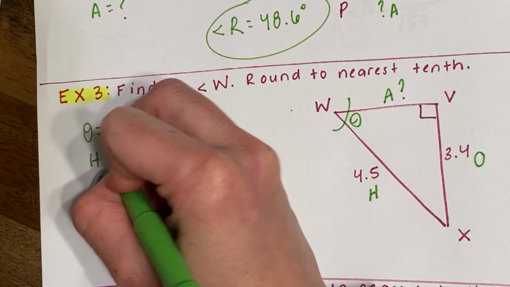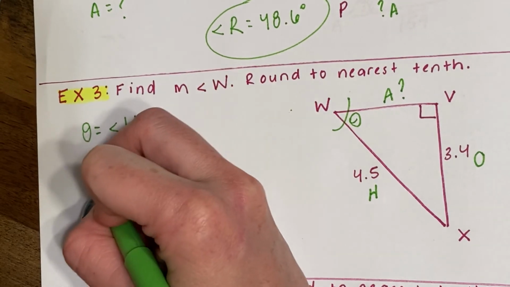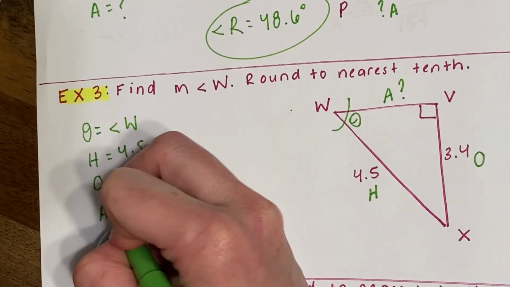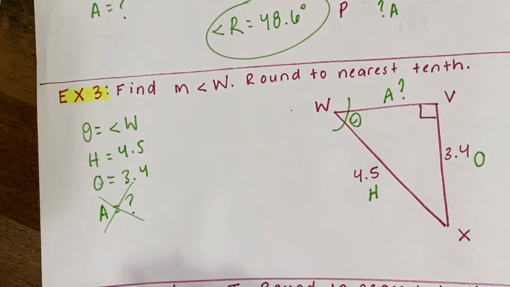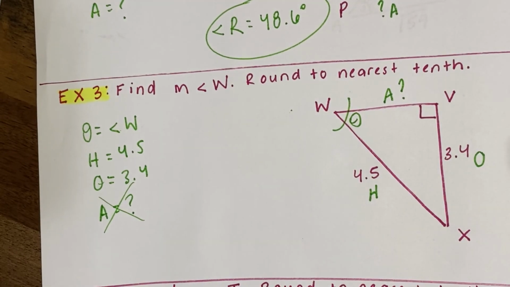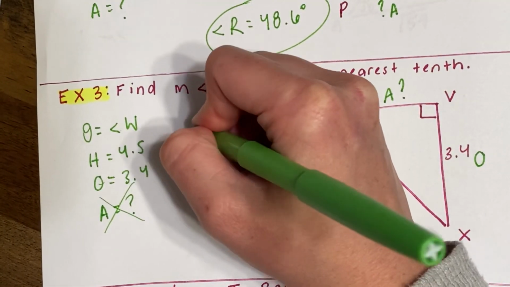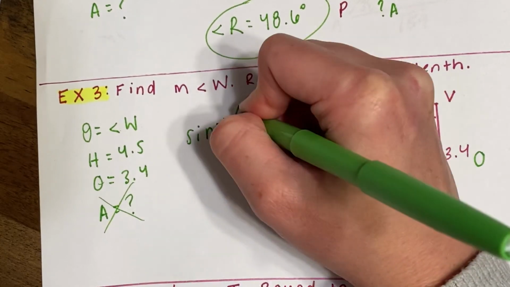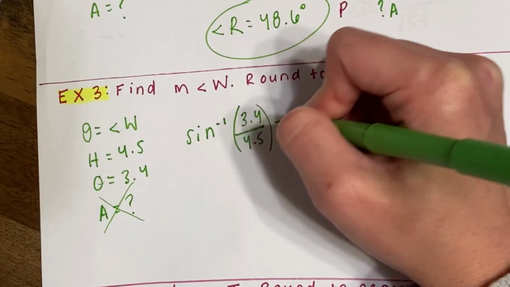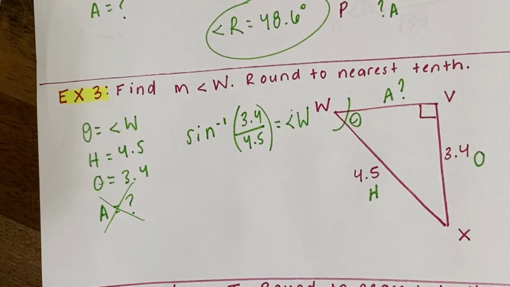All right, so I've got H is 4.5, O is 3.4. We do not know the adjacent side, so again, I didn't do this intentionally, it just worked out this way. Again, we're using inverse sine, okay? So inverse sine of 3.4 divided by 4.5 is going to be the measurement of angle W. So I'm going to come over to my calculator.